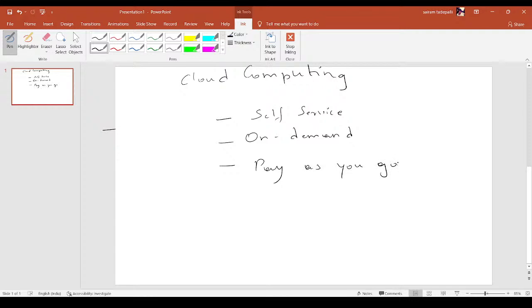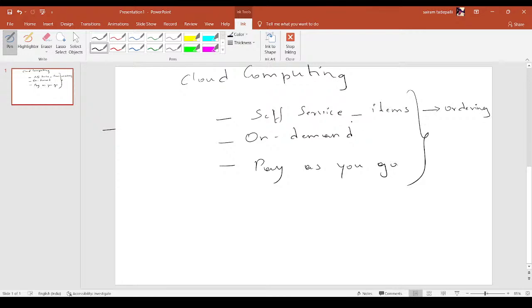These three are the most important factors in cloud computing. Self service means, when we go to a restaurant, in some cases we have self service: we order the items we require and serve ourselves.